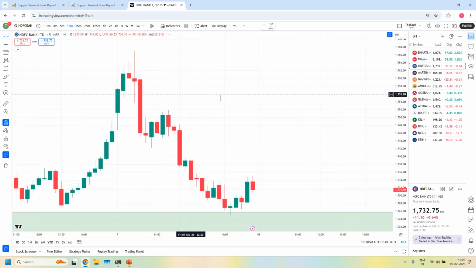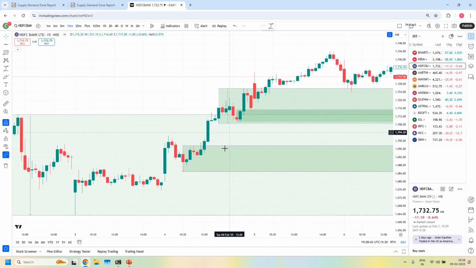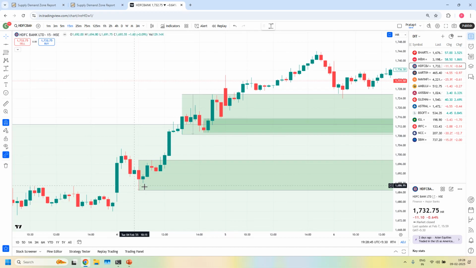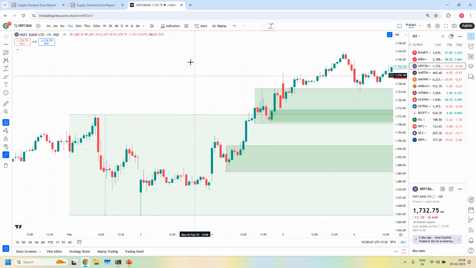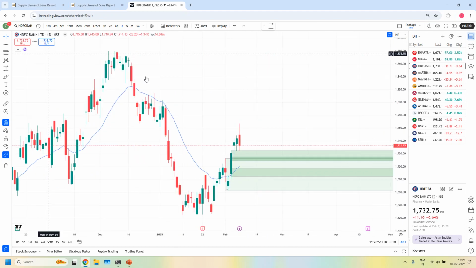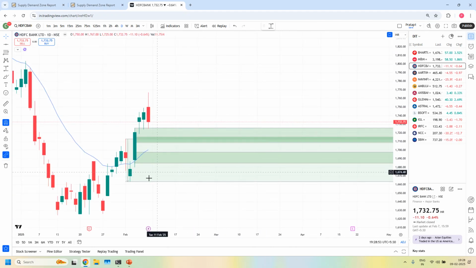Now within this area you have two 15-minute zones overlapped. First let us focus on the 75. Let's go to the daily time frame. And this zone is already crossed this, approaching this.